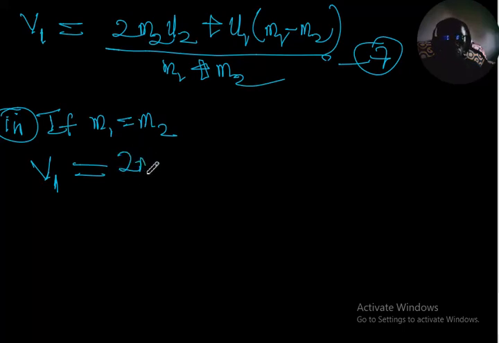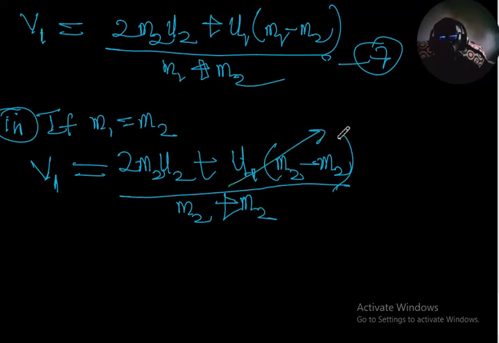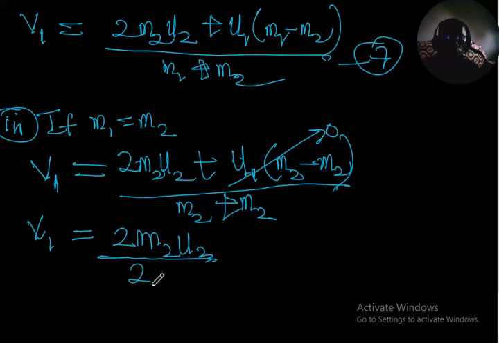So this becomes 2 M2 U2 plus U1, then M1 turned to M2, M2 minus M2 all over M2 plus M2. So here now M2 minus M2 is 0, so this approaches 0. Then you are left with V1 equals 2 M2 U2 over 2 M2.